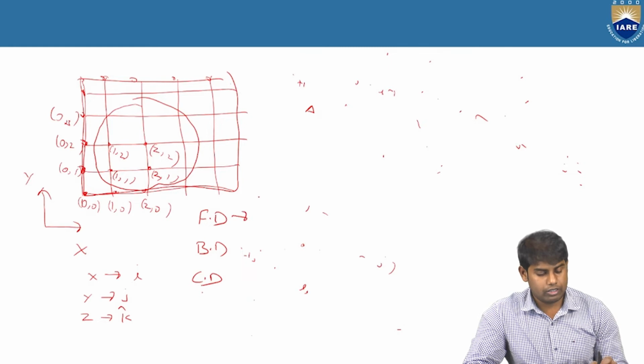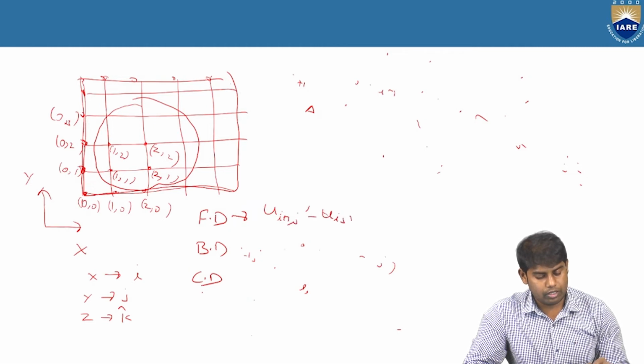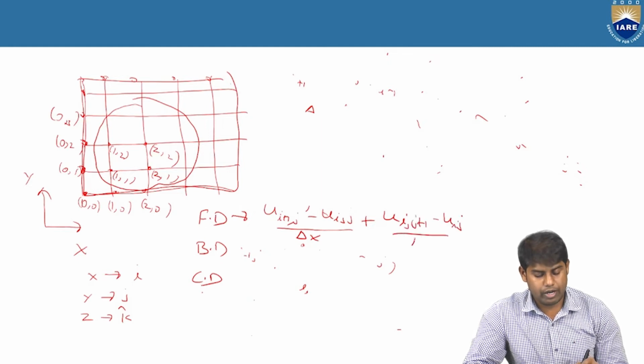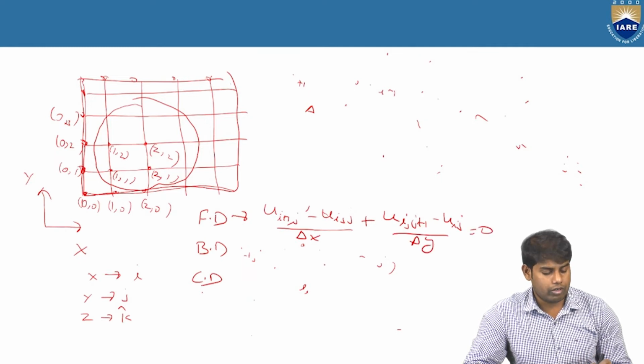For the forward difference, the equation is like this: u of (i+1, j) minus u of (i, j) divided by delta x plus u of (i, j+1) minus u of (i, j) divided by delta y is equal to 0. So this is what you have for forward difference.